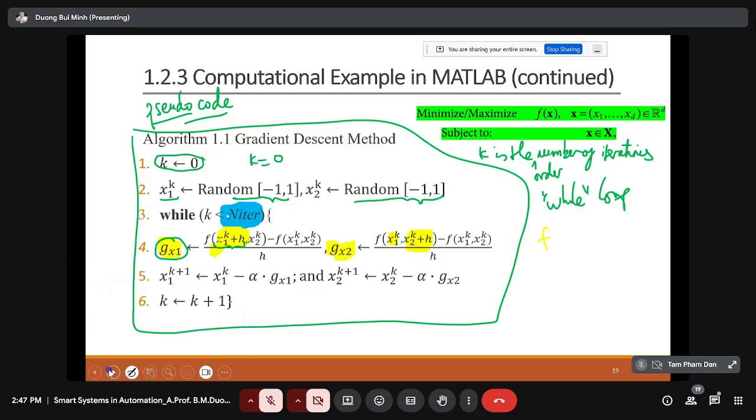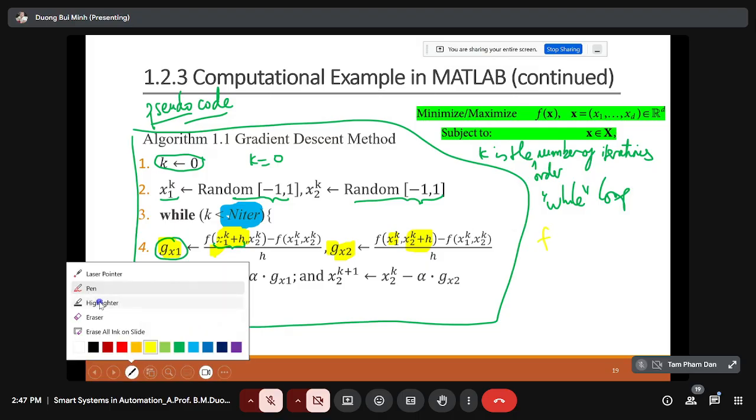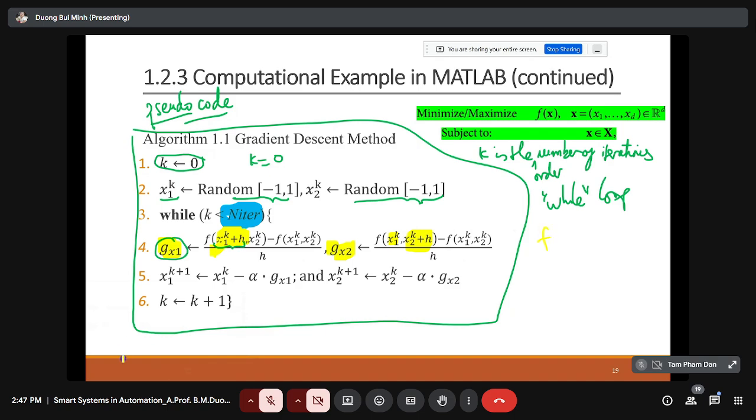We have the Taylor series. So we have f'(x) equals f(x plus delta x) minus f(x), divided by delta x.